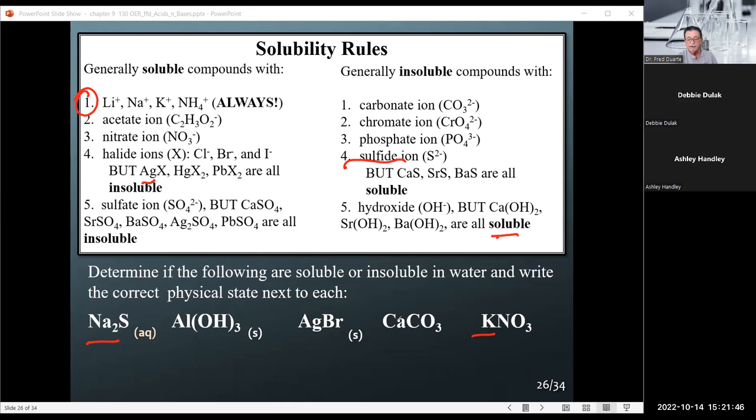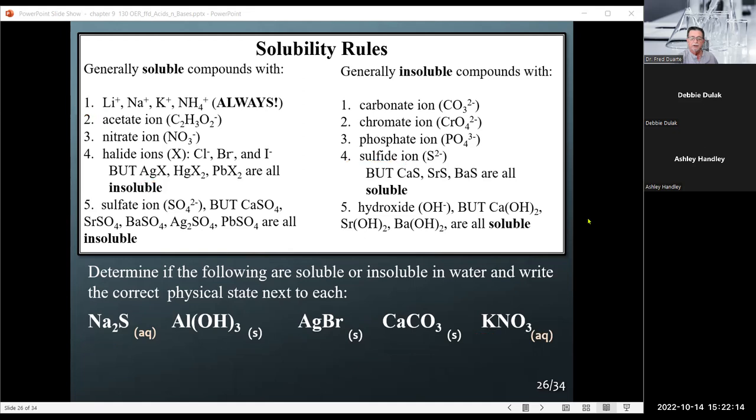Calcium is not part of the big 4, so calcium carbonate would be insoluble. It's also known as a lot of the cakey material around faucets, especially if you got a lot of heavy water. And then the last one, you got potassium. You don't need to go any further. It is soluble.